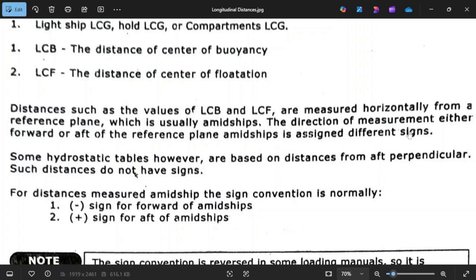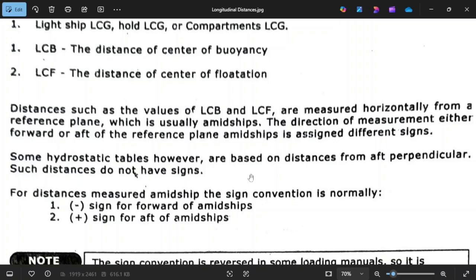The direction of measurement, either forward or aft, of the reference plane amidship is assigned different signs. So each item has a sign, either negative or positive. Some hydrostatic tables, however, are based on distances from the aft perpendicular. Such distances do not have signs.